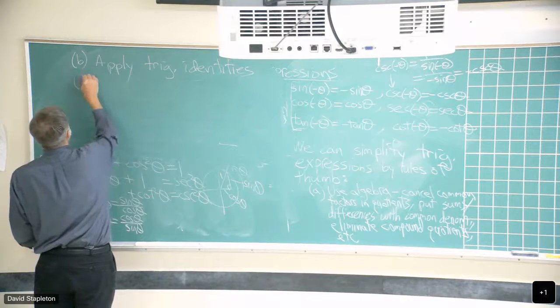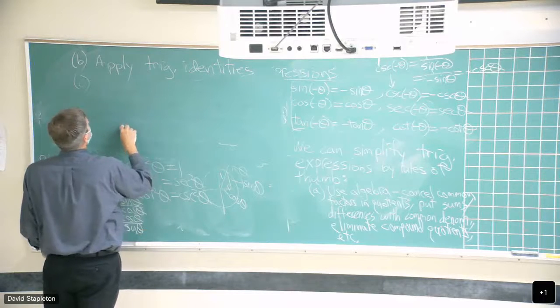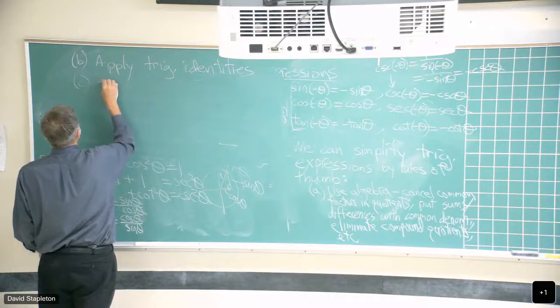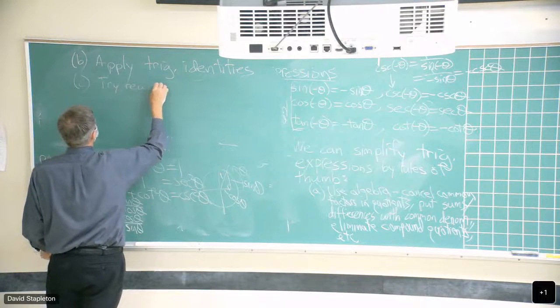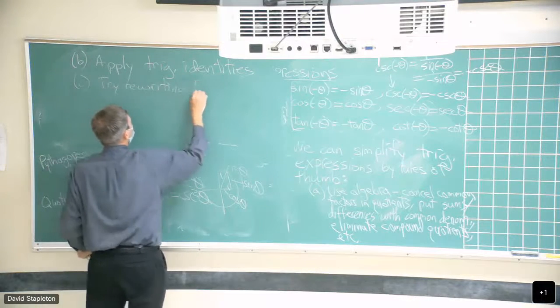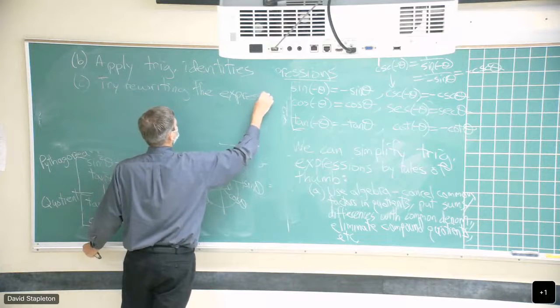And then C, if all else fails, you try rewriting the whole thing in terms of sine and cosine only.